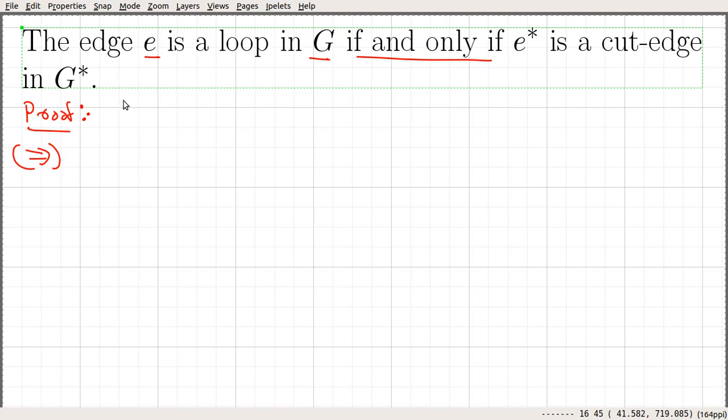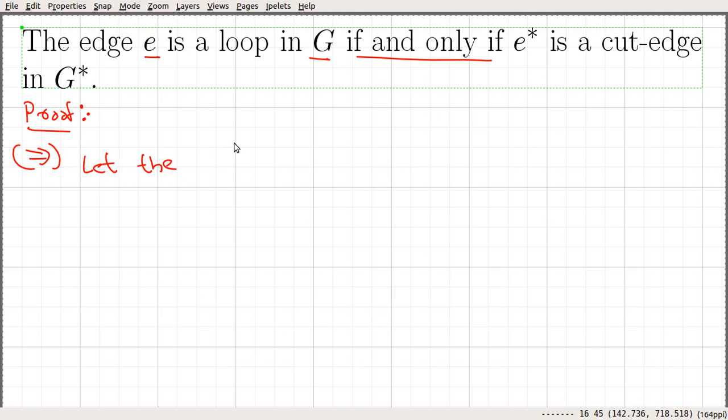Cut edge means if you delete that edge, the graph will become disconnected, so there won't be a path between the vertices joining this particular edge E star. Let's go and prove this statement.